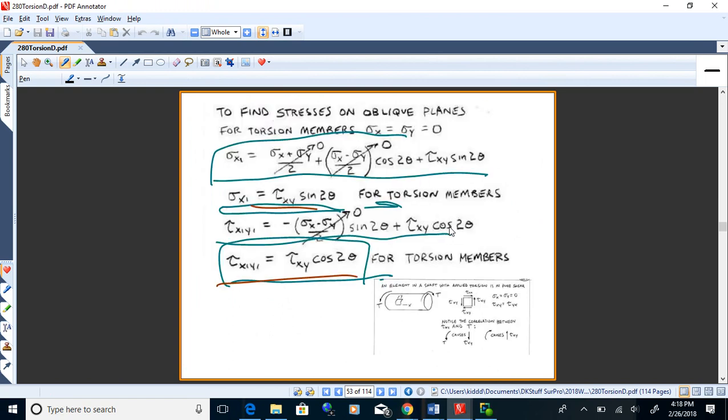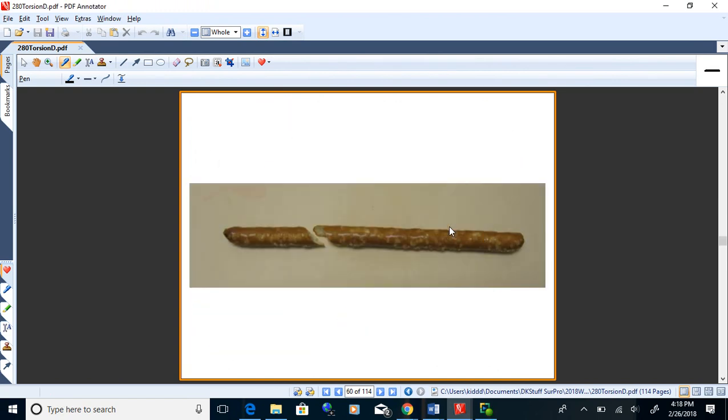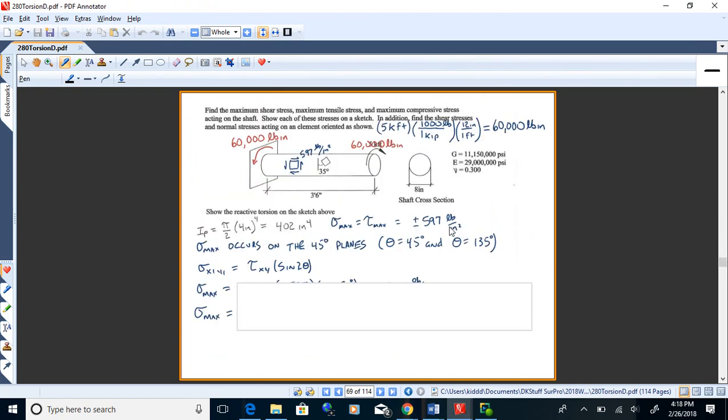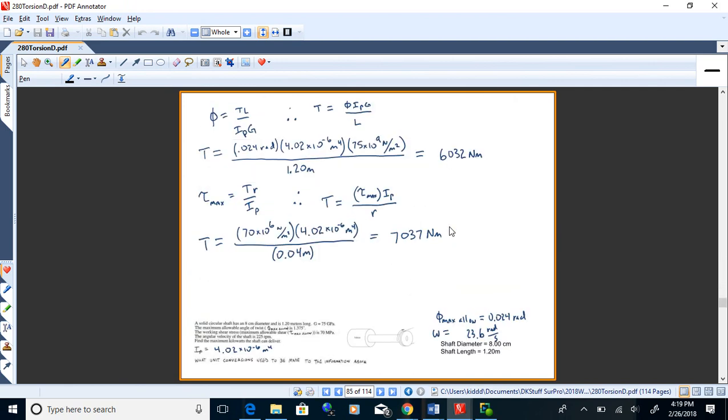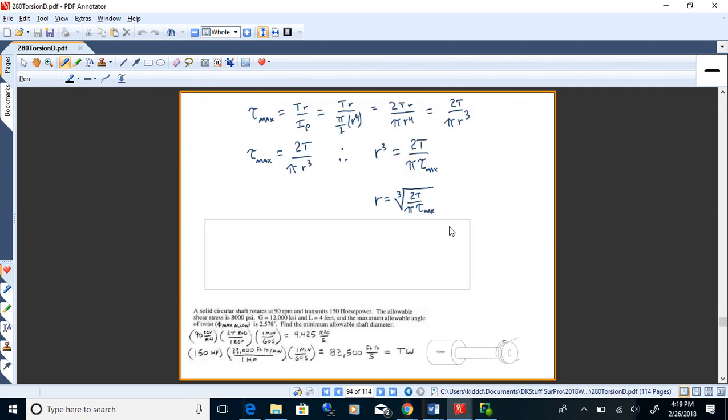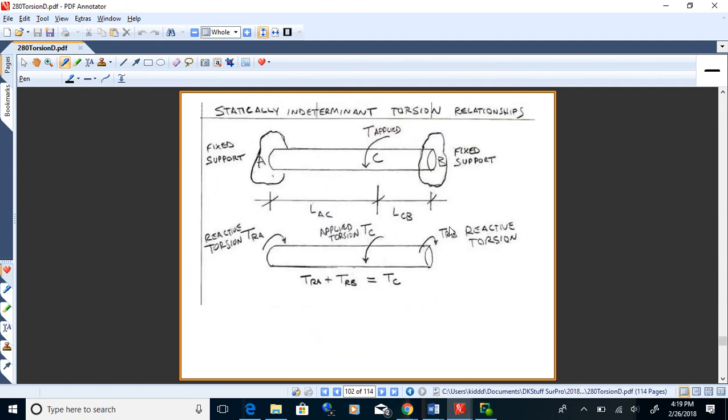What we're going to do here is we're going to start on the two sides, and let's say we have two unknown reactions there. We're applying some torsion somewhere in the shaft, and we've got it attached in two different places. Let's see if we can figure out how those two torsion reactions are going to play out, okay? What they're going to be.